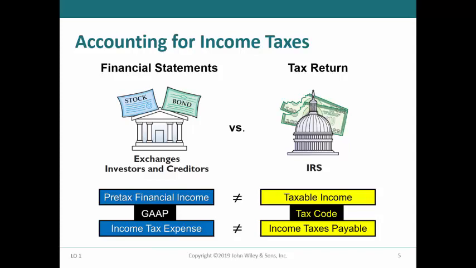Because GAAP uses accrual-based accounting and the tax code uses modified cash basis, pre-tax financial income does not equal taxable income per the tax return. Subsequently, income tax expense on the financial statements does not equal income taxes payable on the tax return. We will be learning in this chapter the sources of the differences as well as how we account for them.